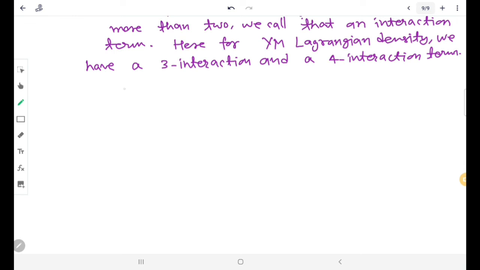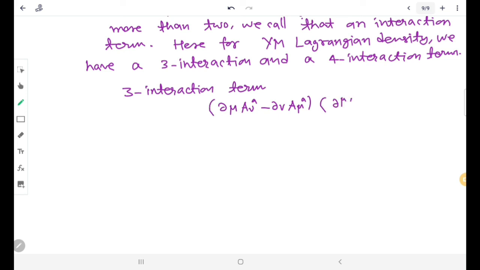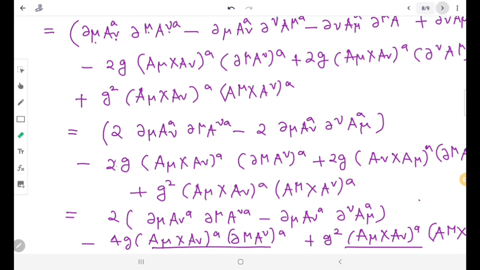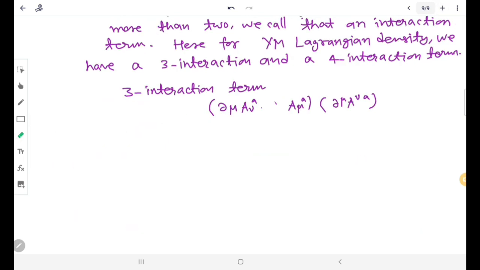So 3 interaction term means partial mu A nu A, and partial nu A mu A multiplied with partial mu A nu A. So here we see A mu cross A nu A, and then partial mu A nu A.